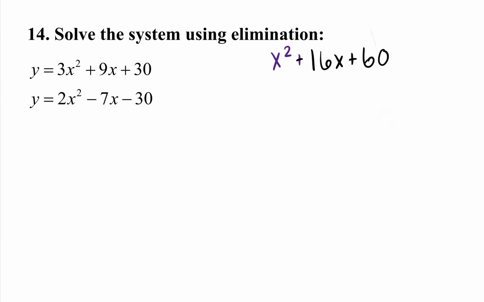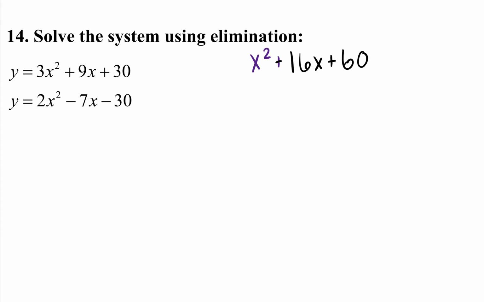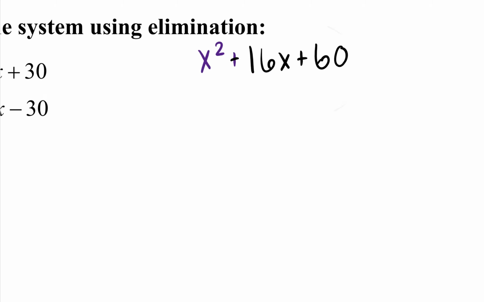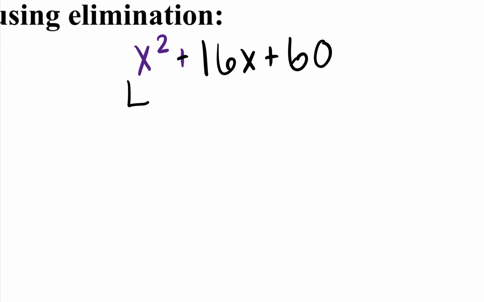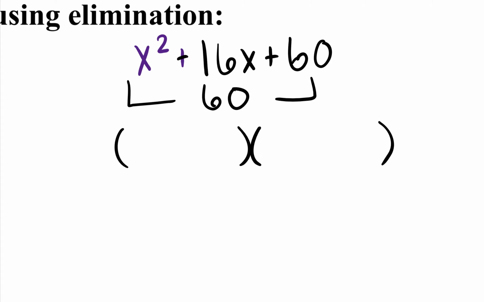Okay, now let's go to 14. I'm gonna do the same thing. So I'm gonna factor, solve for x, and then plug in both x's to find two y's. Almost identical question. Alright, so I multiply first times last, gives me 60. I know I'm gonna have two parentheses. My first x is just x, so that goes here and here.